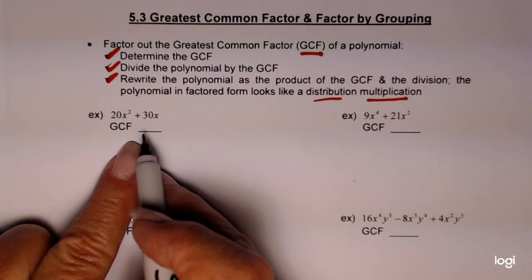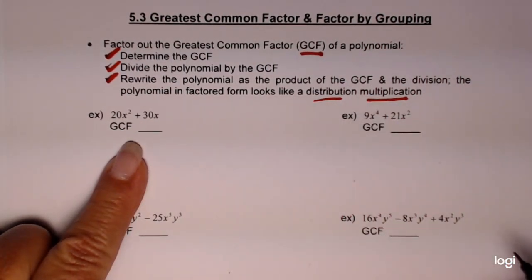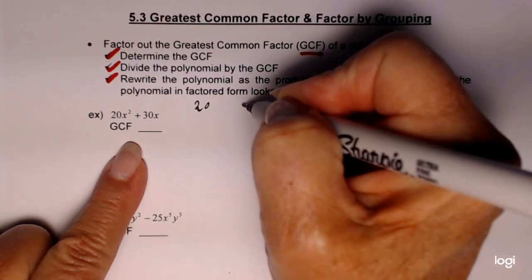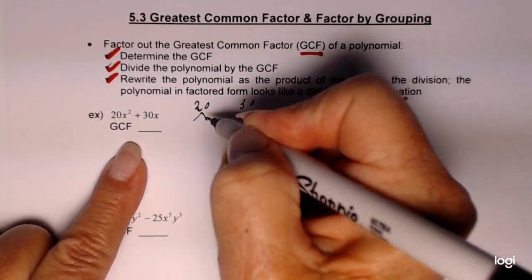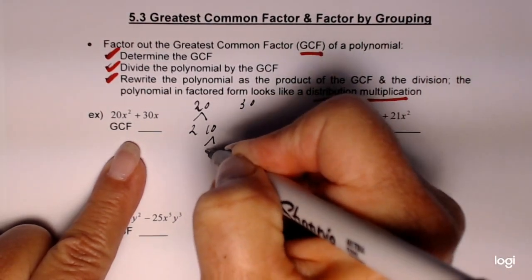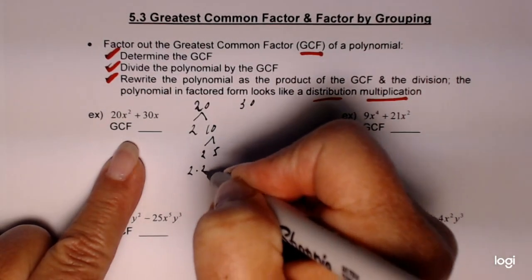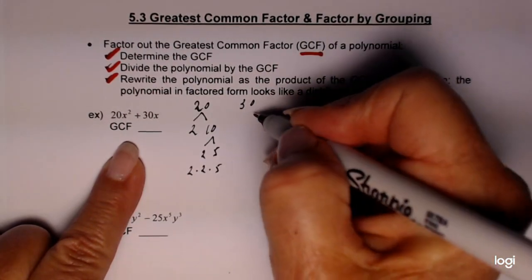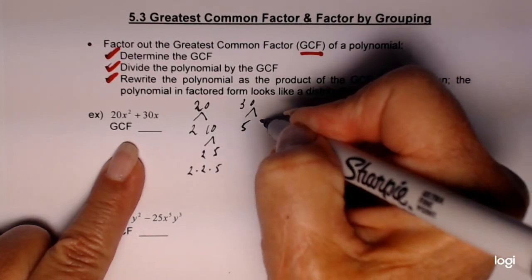If you don't see that, a technique you can always use to find your greatest common factor would be to take your coefficients and factor them down into their primes. So 20 we could factor as 2 times 10, and then 10 is 2 times 5. So the factors of 20, I'll write them out in a line, would be 2 times 2 times 5. Now looking at 30, well, 30 is 5 times 6.